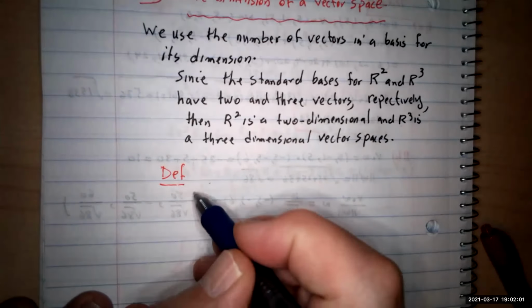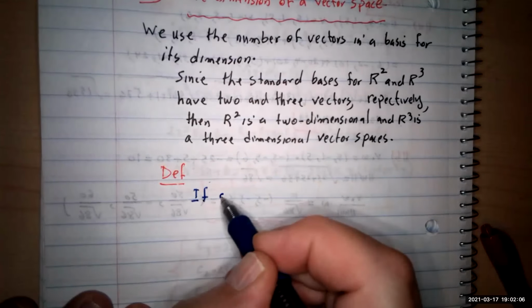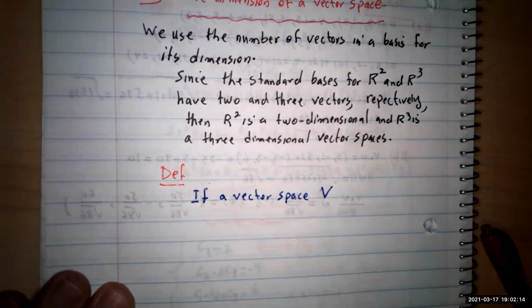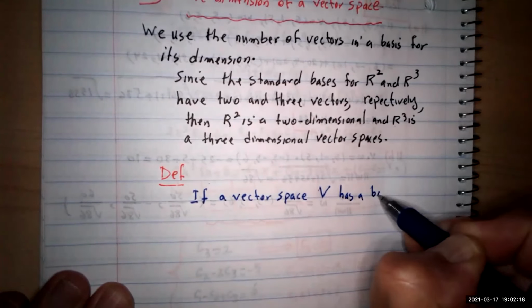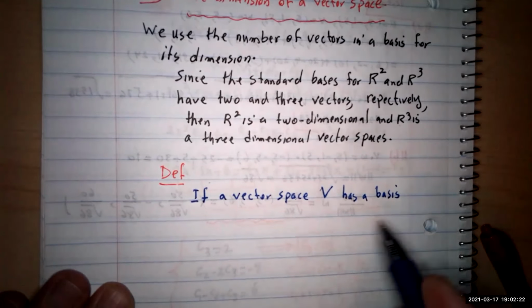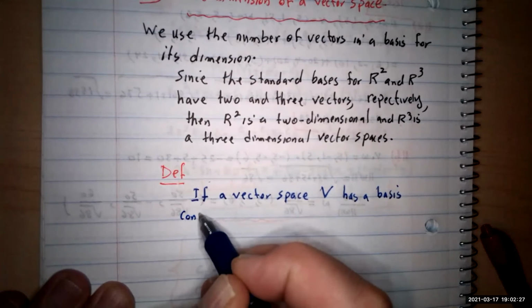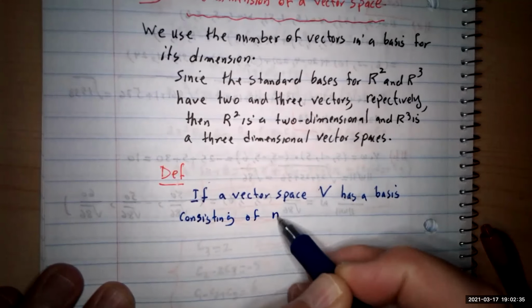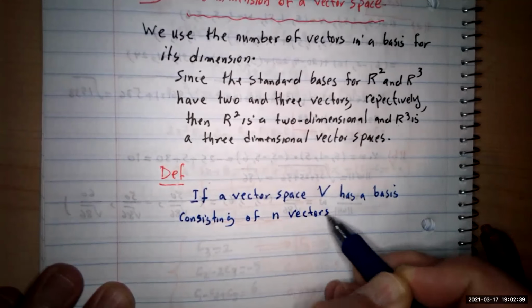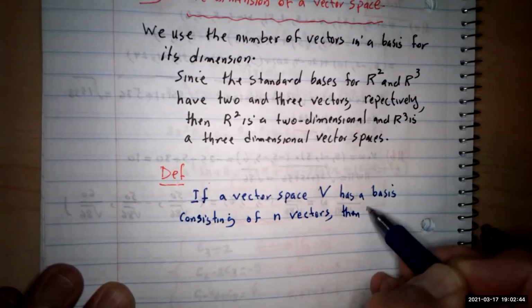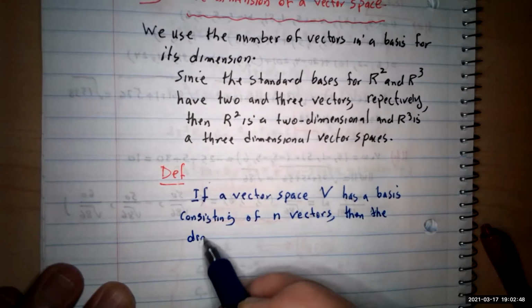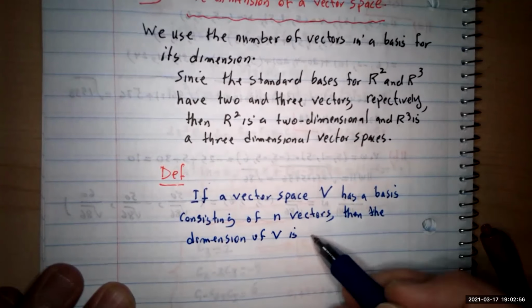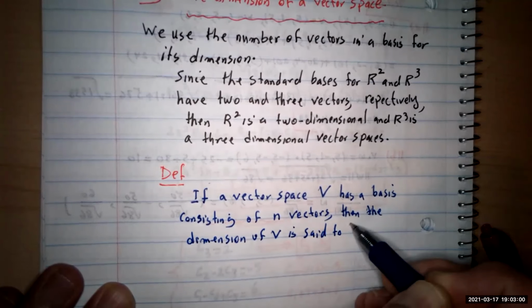If a vector space V has a basis consisting of n vectors, then this n is the dimension of the space. The dimension of V is said to be n.